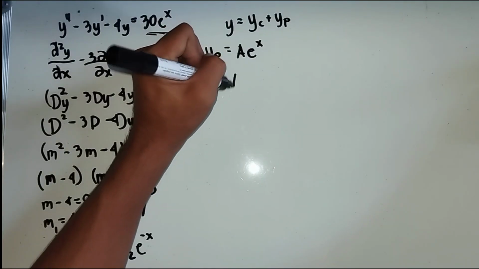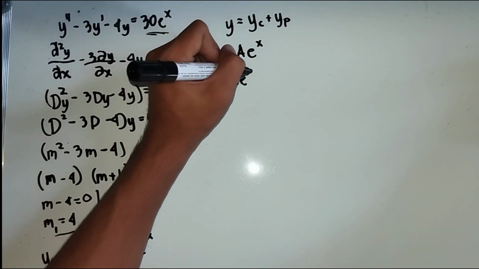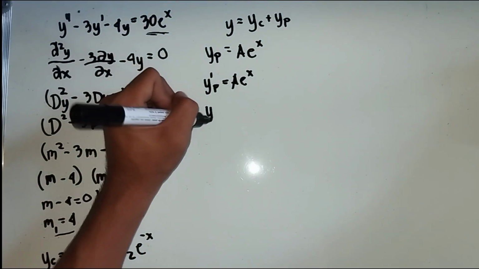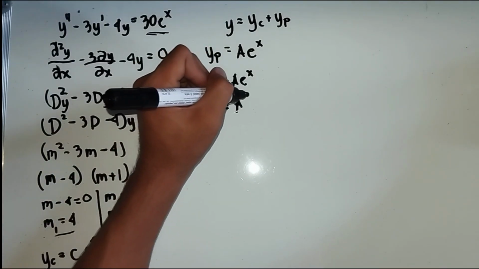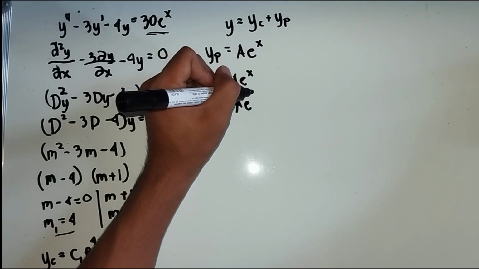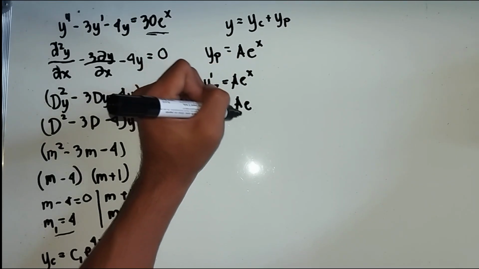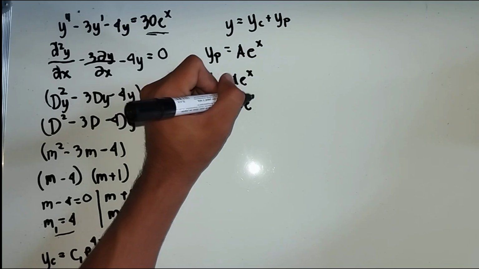This becomes a e to the power of x. Also the y double prime p is equal to a e to the power of x.